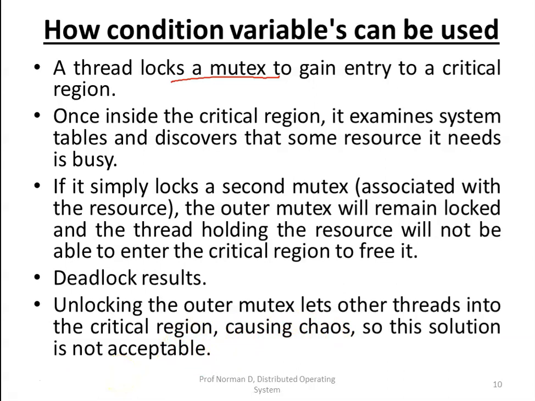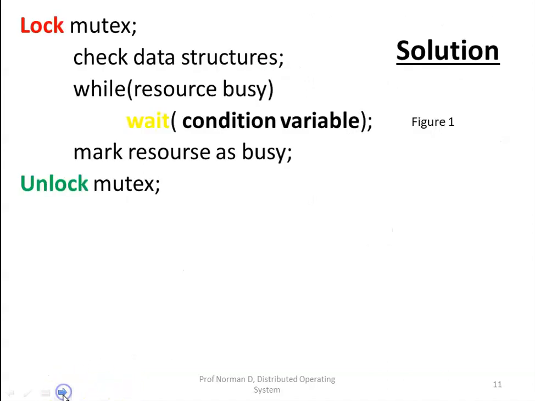So what can we do? The first solution for this is we make use of condition variables to acquire the resource, as shown in this particular figure. Here, waiting on the condition variable is defined to perform the wait and unlock the mutex atomically.